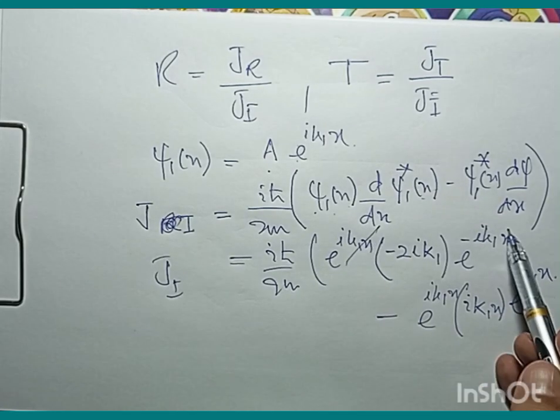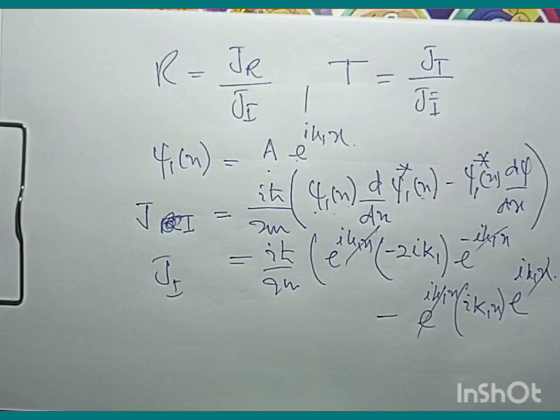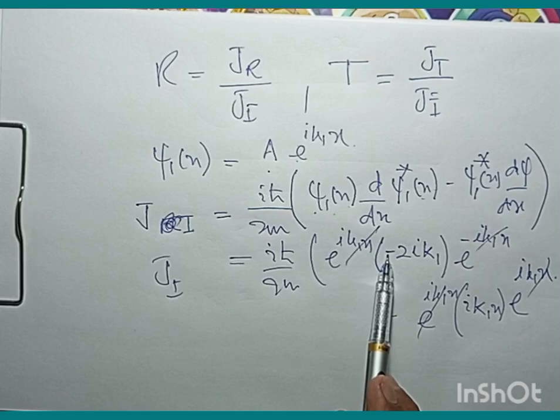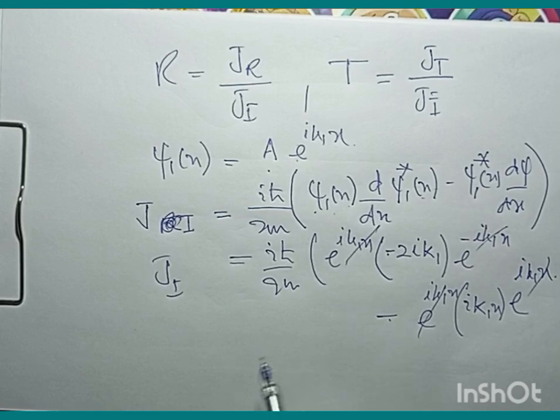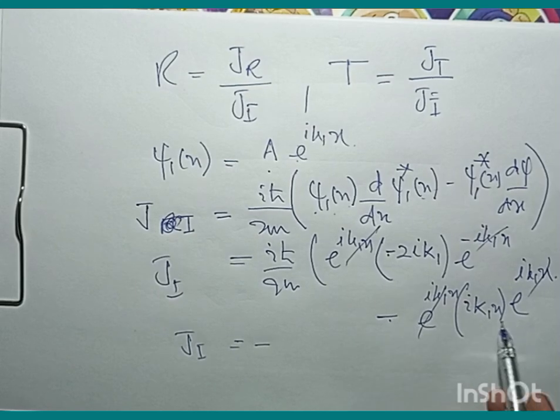I think these exponential terms will cancel. What we are left with is minus, and this is also minus, so Ji will be minus. Let us take it out, so i will also come out.